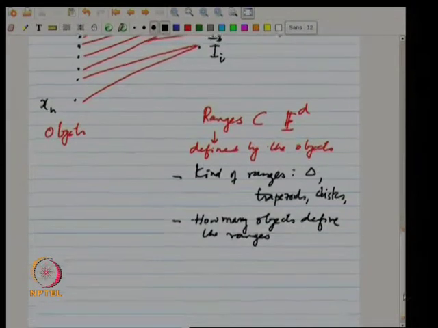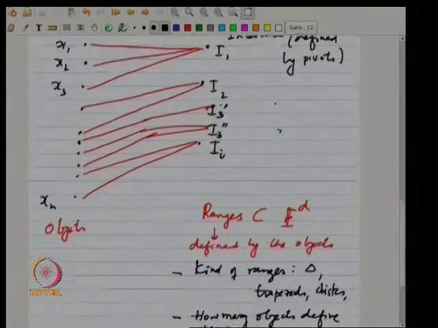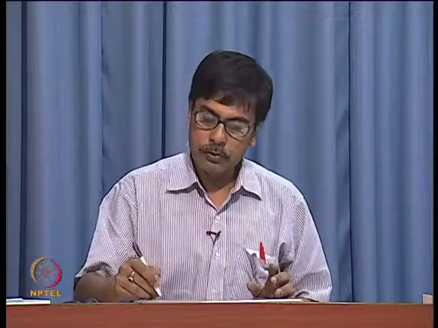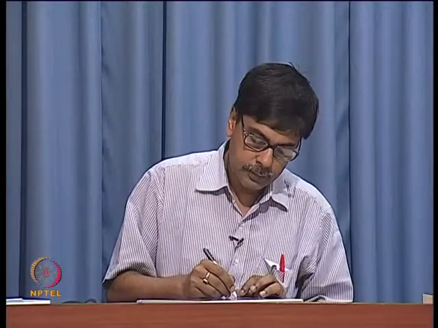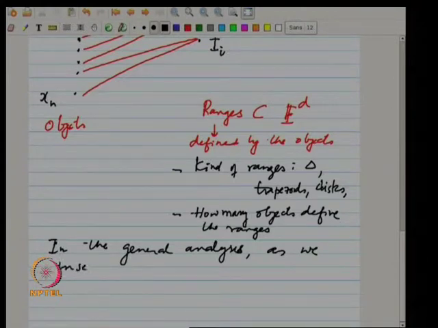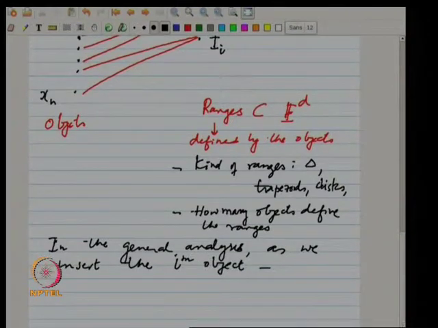And then finally, the analysis again will be done like this: you can think about the whole process like an evolving sequence of bipartite graphs, okay. So in the general analysis, as we insert the ith object, we will have to basically account for the following changes, okay.